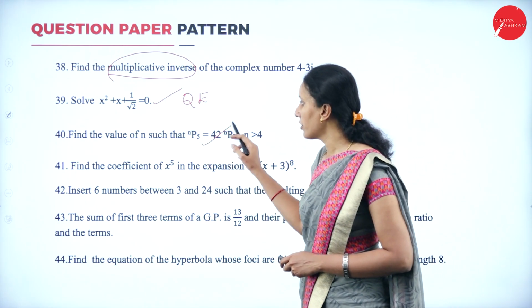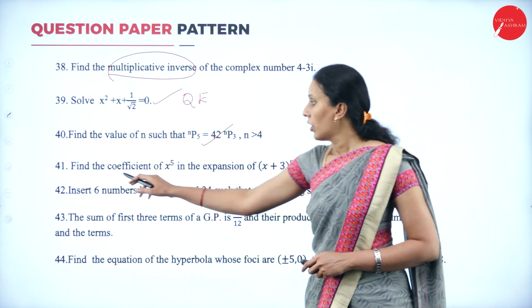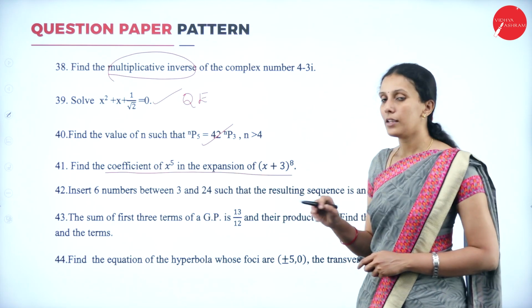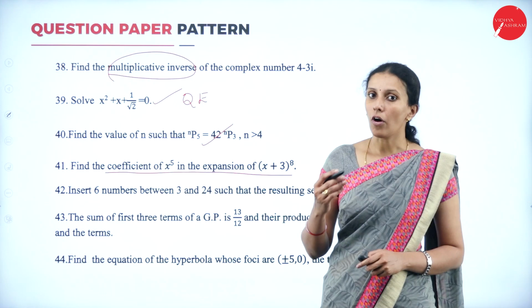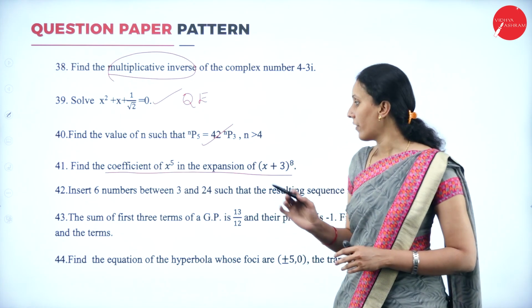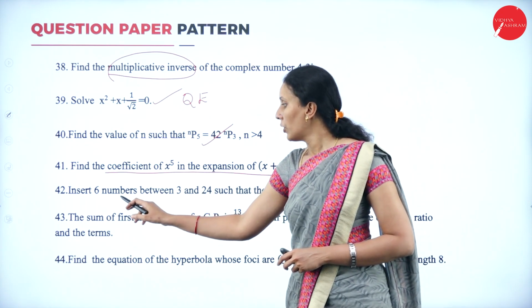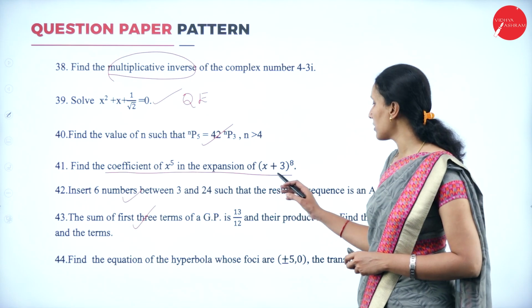Next, one question from the chapter permutations and combinations, and a 3 marks question where they may ask you to find the coefficient in a binomial expansion, or the middle term, or the general term, or the term independent of x.